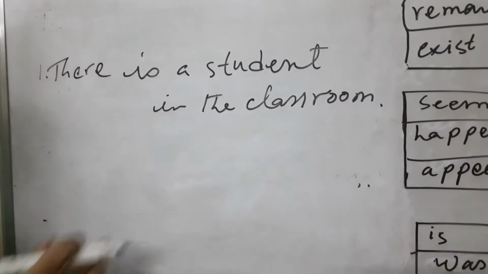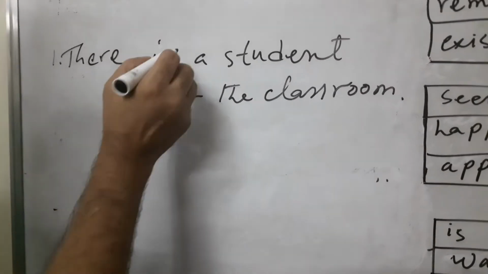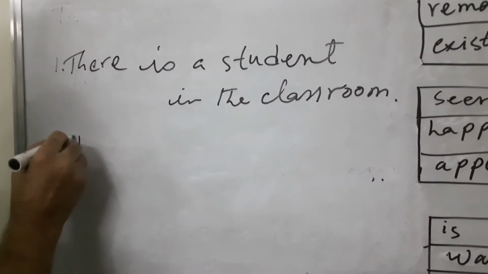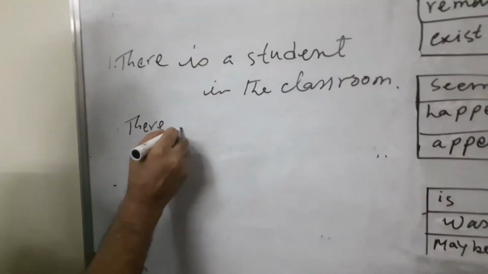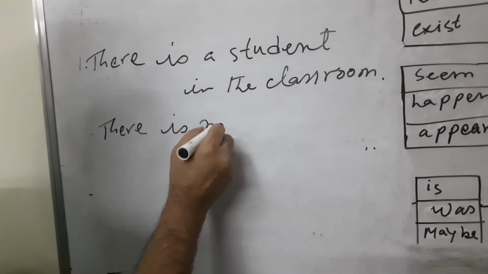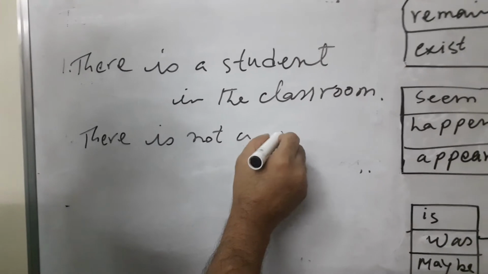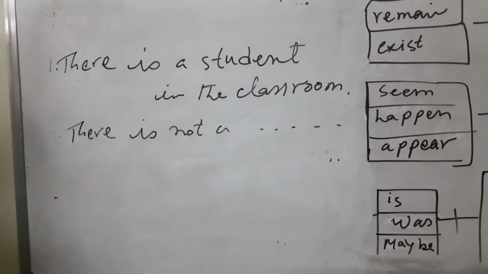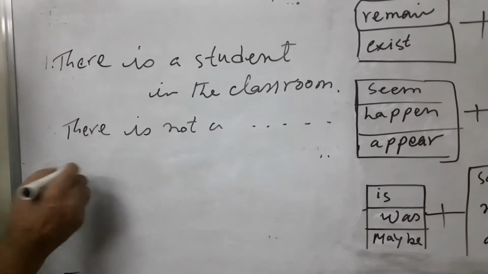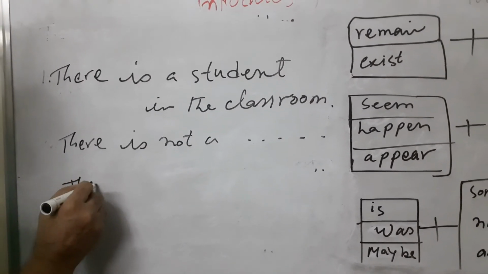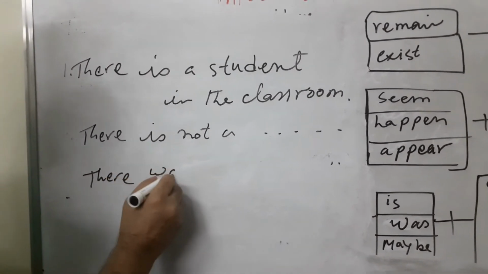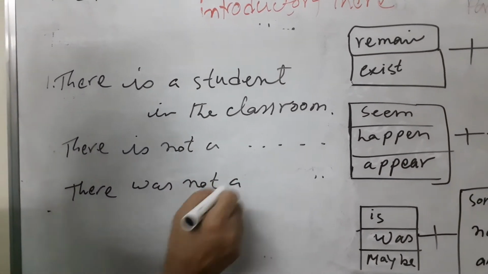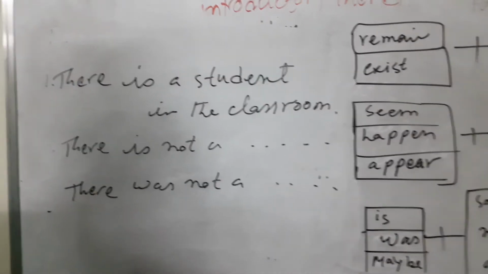How to make it negative? Just add not after is. There is not a student in the classroom. In a similar way, there was not a student in the classroom.